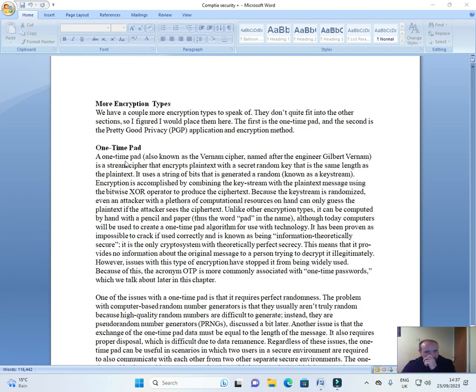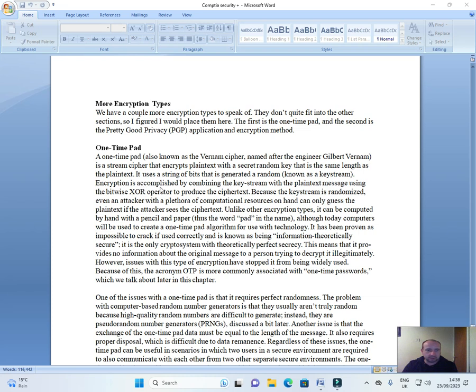One-time pad, also known as the Vernam cipher, named after the engineer Gilbert Vernam, is a stream cipher that encrypts plain text with a secret random key that is the same length as the plain text. It uses a string of bits that is generated randomly, known as a key stream.